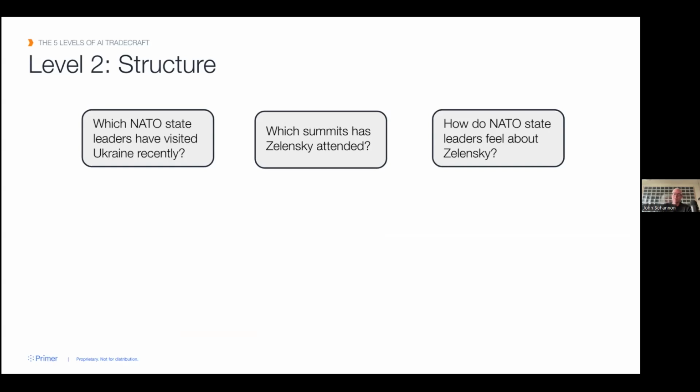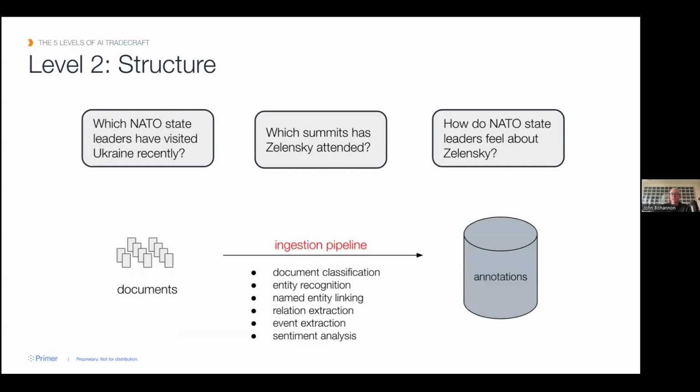So, this is the second level of AI tradecraft: to make use of structure. Structure is something that we can create when we ingest documents and we can save in a database so that you can use it when you query. Sometimes it's called annotations, sometimes it's called enrichments, but it's all the same thing. You're going to take your documents, you're going to apply some algorithms.